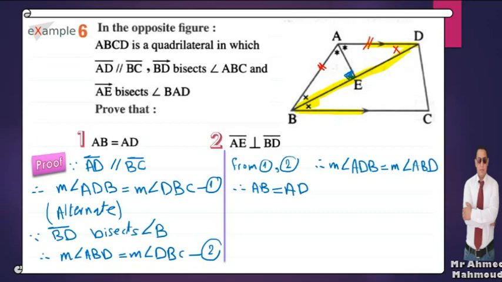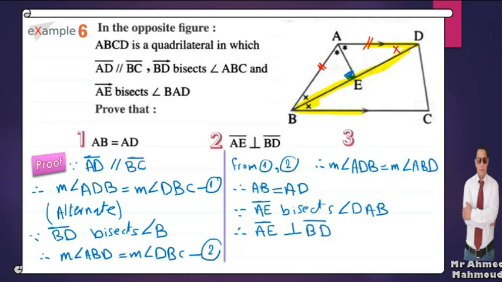Since AE bisects angle DAB, therefore AE is the axis of symmetry, or I can say AE is perpendicular to BD directly.